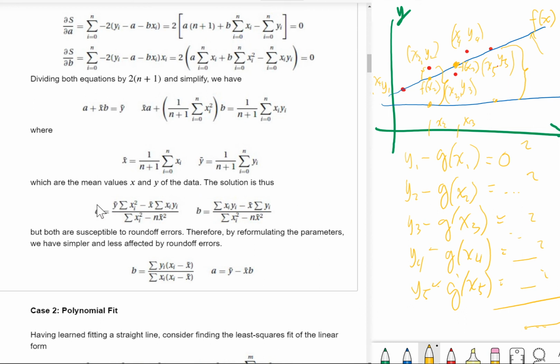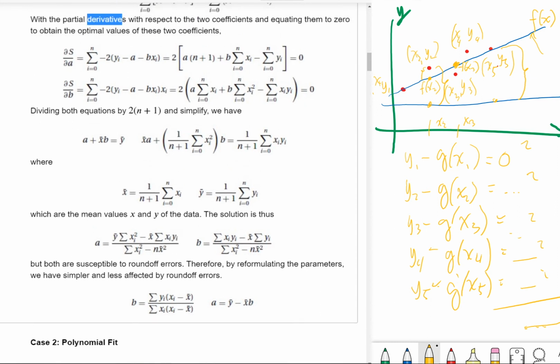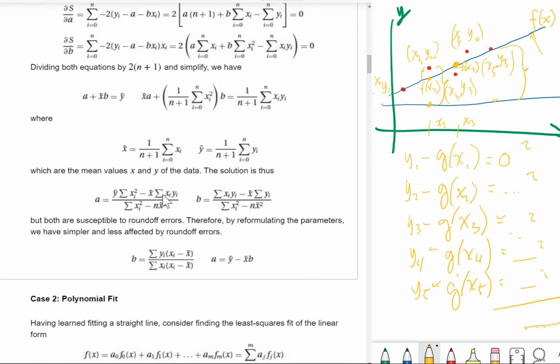So we need a and b, but these two functions here are both susceptible to round off errors because of so many math operations, multiplications, divisions. Okay, you have the power, so round off errors are a bit challenging for a and b.